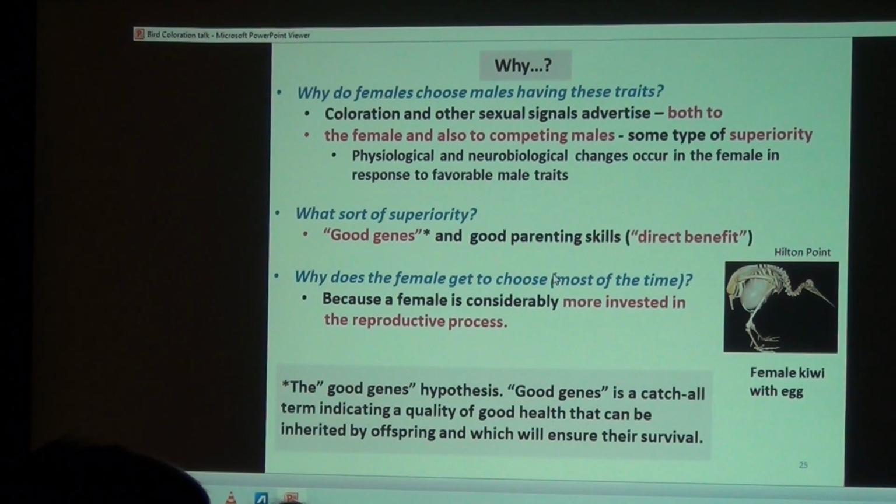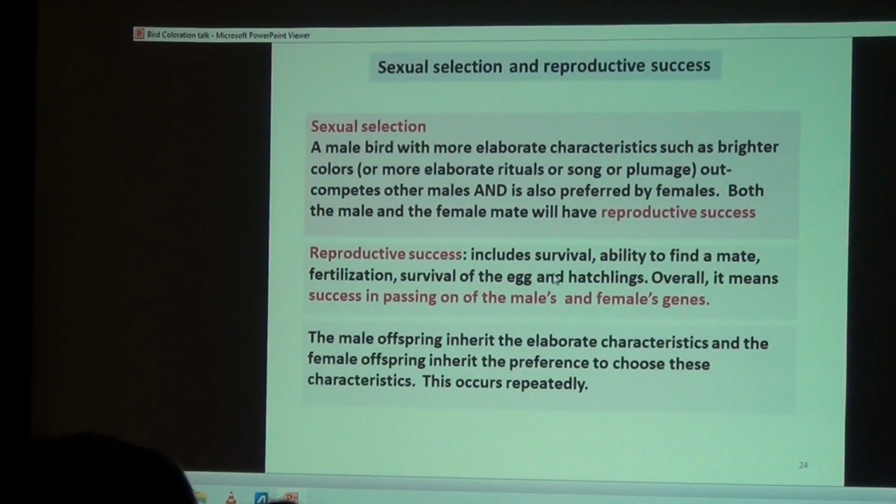To define sexual selection and reproductive success: a male bird with more elaborate characteristics, we're assuming for the moment that it's the males that are competing for a female and the female is doing the choosing. This is reversed in about 10% of species, but let's assume for the moment it is the male that's displaying and the female is choosing.